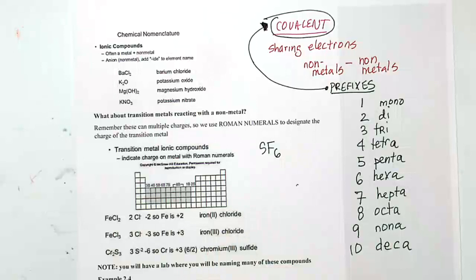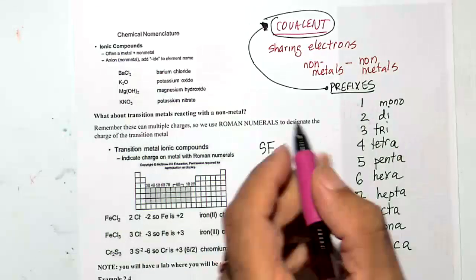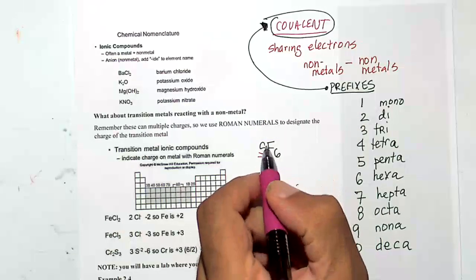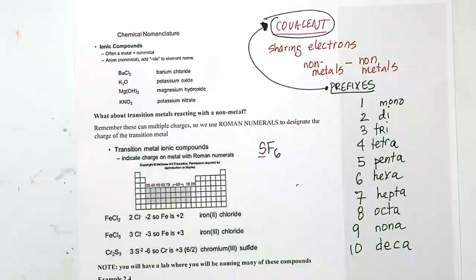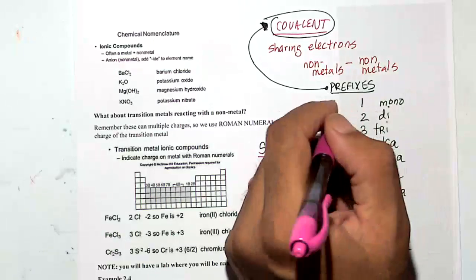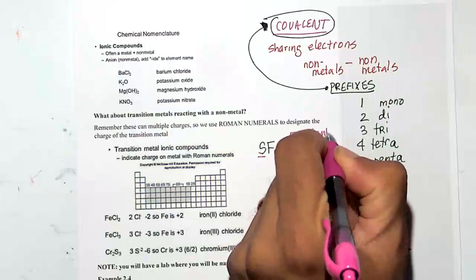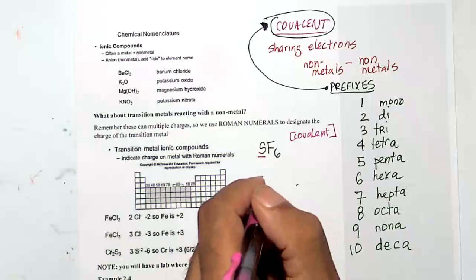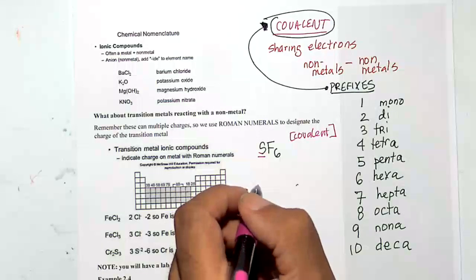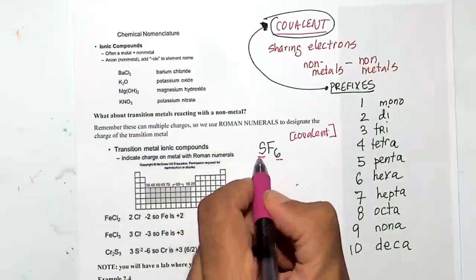So what would SF6 be? First of all, is it covalent or ionic? S is sulfur. F is fluorine. Fluorine, just know, is a halogen. So is this ionic or covalent? And how would we name this? That's hexa.